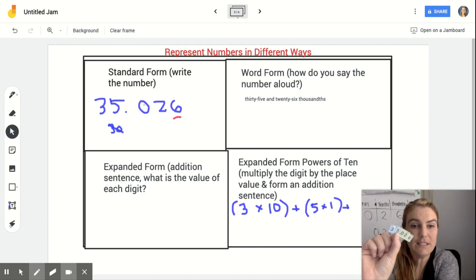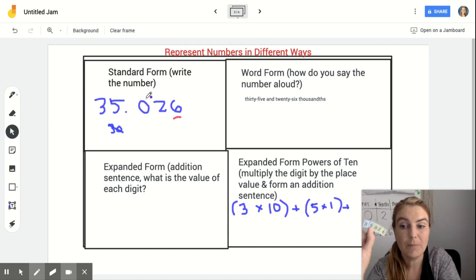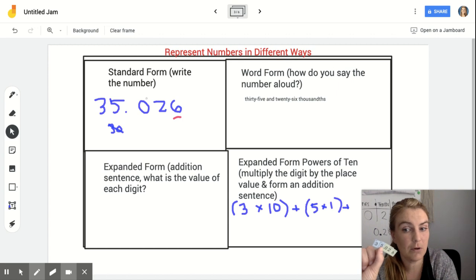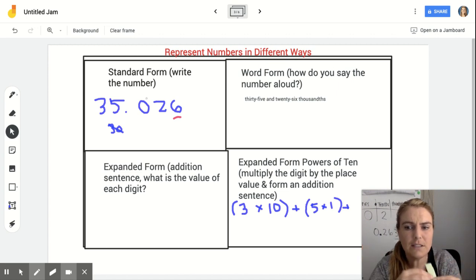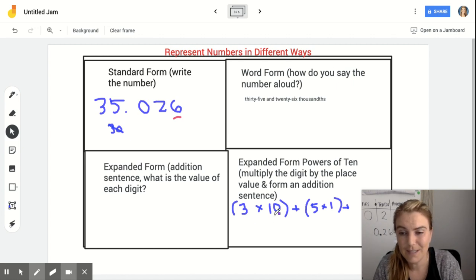This 0 in the tenths place value doesn't have any digits to it, but the 0 there is important to hold its place value, but there's nothing there basically. Okay, so from a monetary point of view, this would be 0 dimes basically. So I wouldn't need to continue this addition sentence and say 0 times 0, because what does that equal? It's just 0.